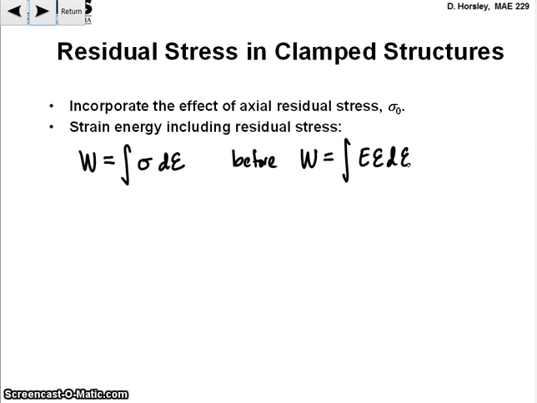Okay, so now what we're going to do is calculate the energy. I need to be a little bit careful here, because if you remember that this is the energy density, so I'll call it dW. Okay, so this is the strain energy density.